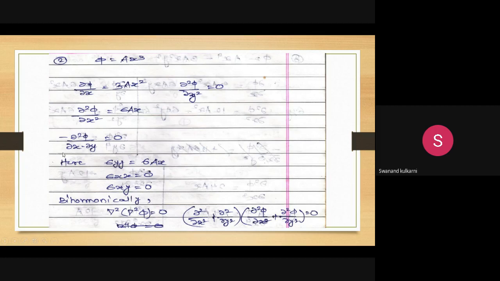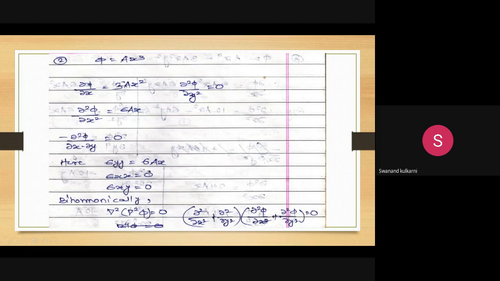Then sigma xy. For this, sigma xy is minus dou 2 phi by dou x dou y. If we differentiate dou phi by dou y with respect to x, this dou 2 phi by dou x dou y will definitely be equal to 0. That means sigma xy is equal to 0.